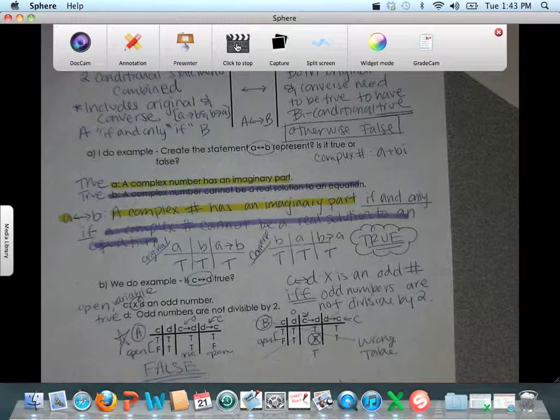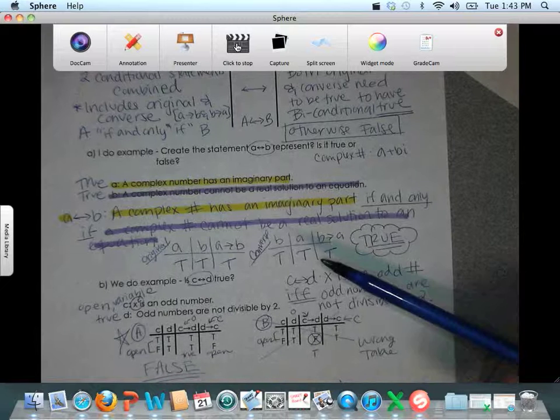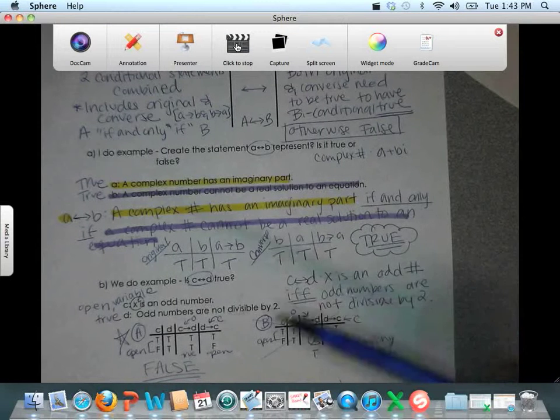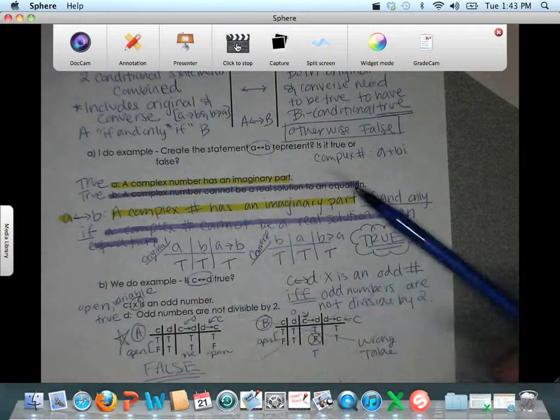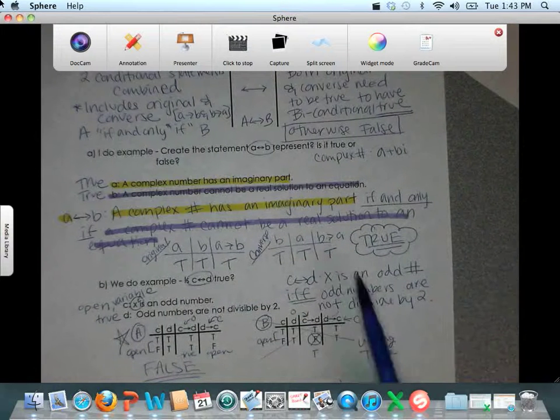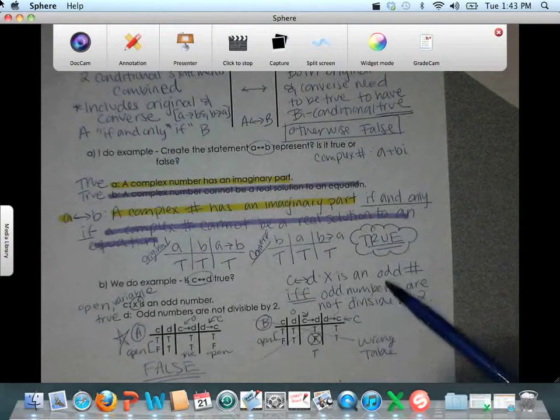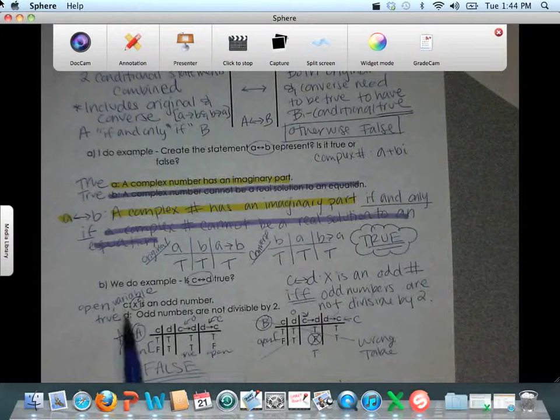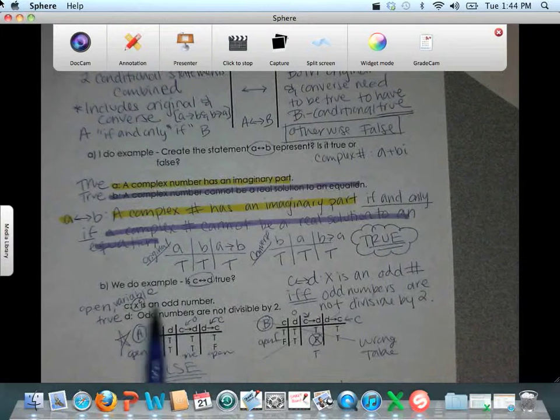Now, just a side note, remember we keep talking about this is biconditional. There are two conditional statements. We do two tables. So you need to realize that even though we use the words if and only if, there's actually two statements hidden in here. The first one would be if x is an odd number, then odd numbers are not divisible by 2.